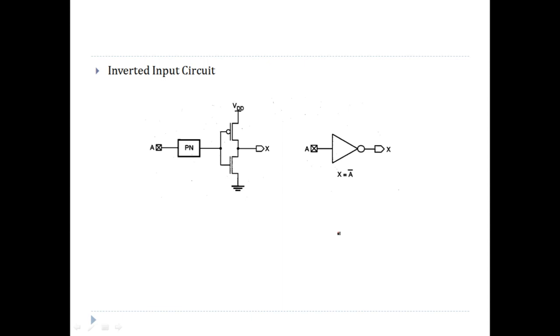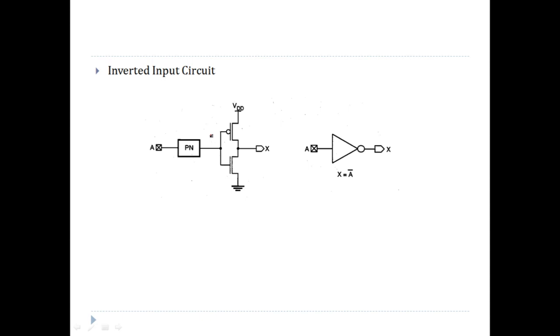But that's the first impression that comes to mind: if you are using an inverter, the input at your MOSFET logic will be an inverted one, right? If you look at the MOSFET implementation, it is a very simple circuit, just an inverter you have to connect.